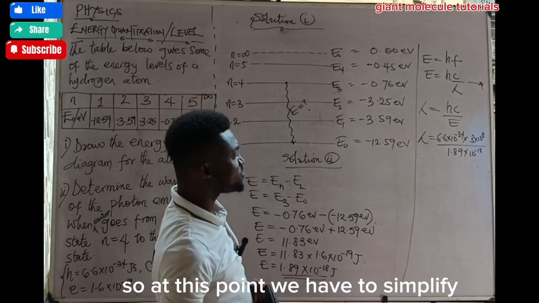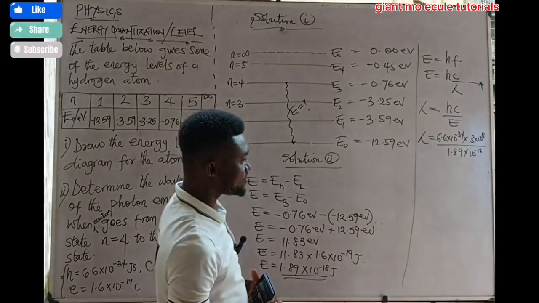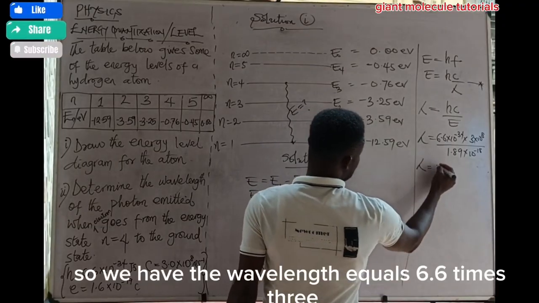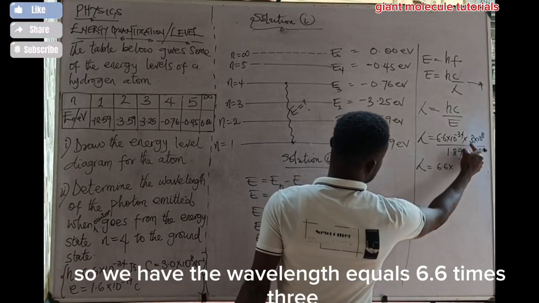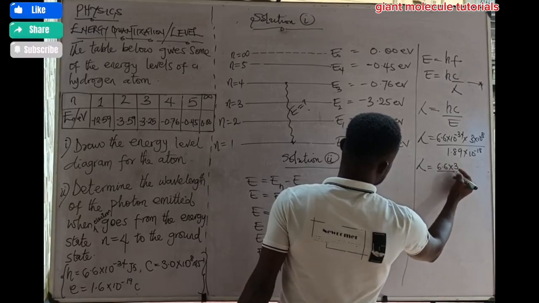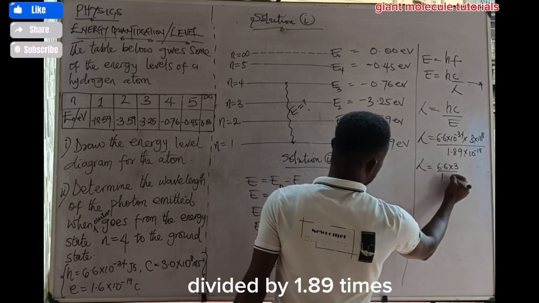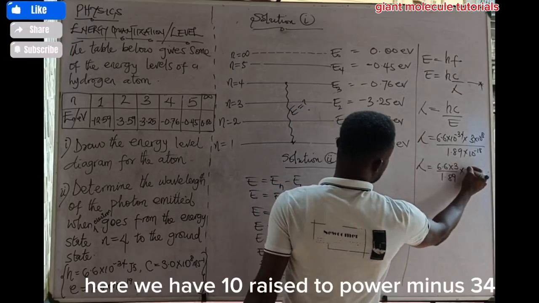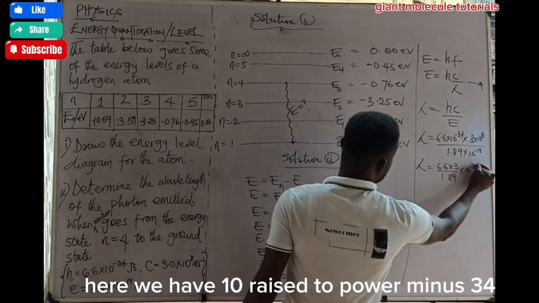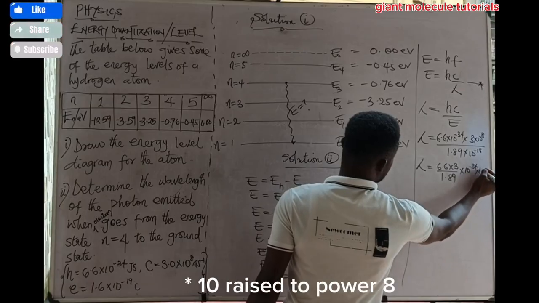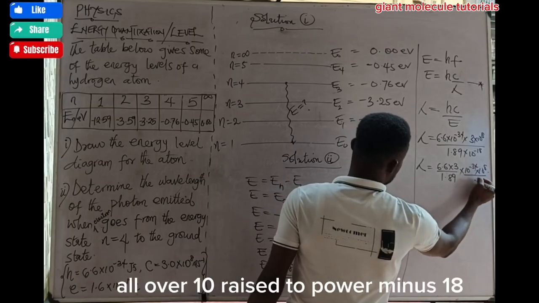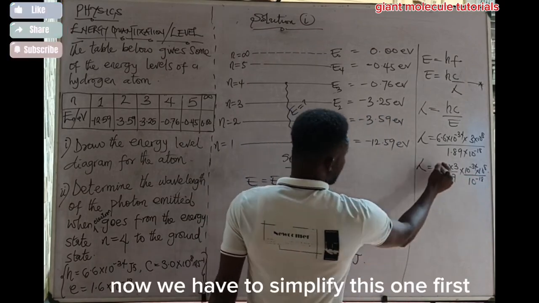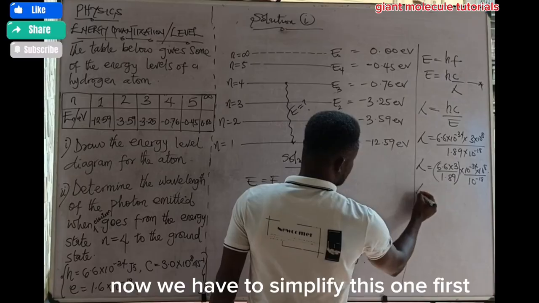So at this point, we have to simplify. So we have the wavelength equals 6.6 times 3 divided by 1.89 times 10 raised to the power minus 34 times 10 raised to the power 8, all over 10 raised to the power minus 18. Now we have to simplify this one first.